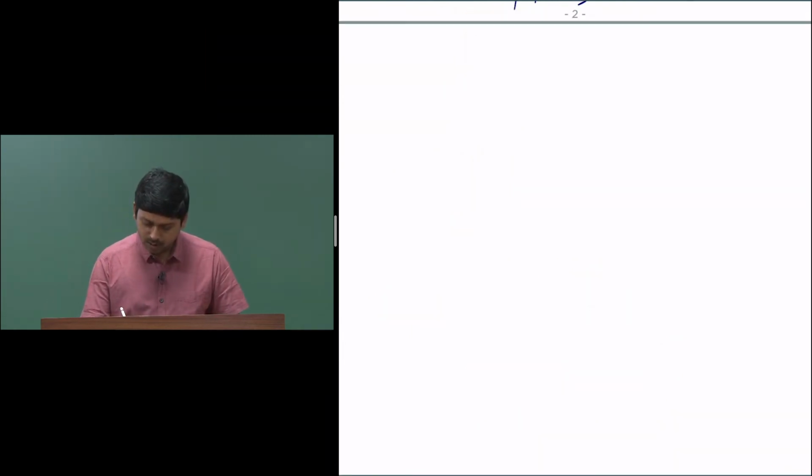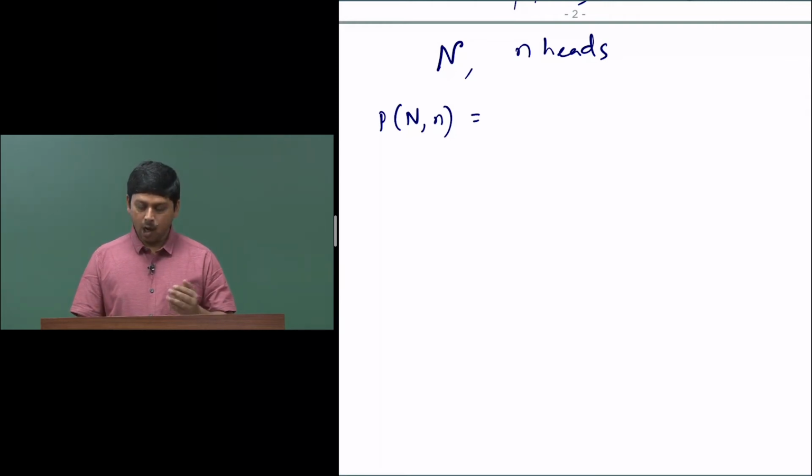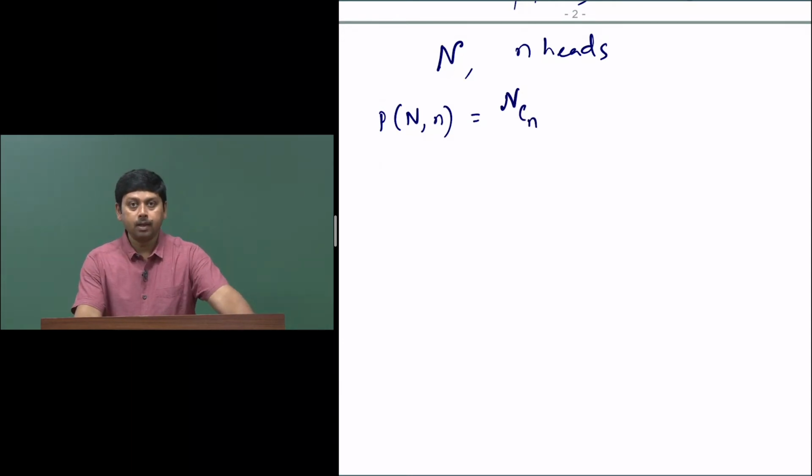So, capital N coin tosses and small n heads, what is the probability of small n heads and, of course, the rest of them tails? The probability is typically written as P_N(n). First, let us calculate how many ways we can get small n heads out of capital N tosses, and that will be N C n. That many ways we can do that first.